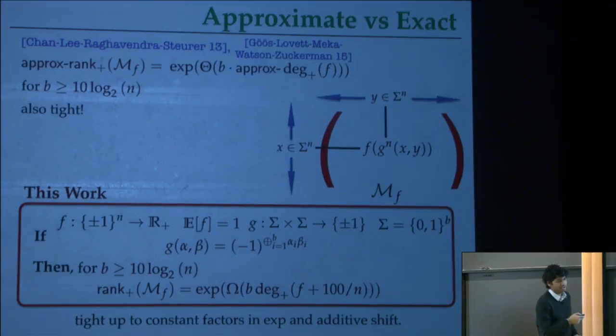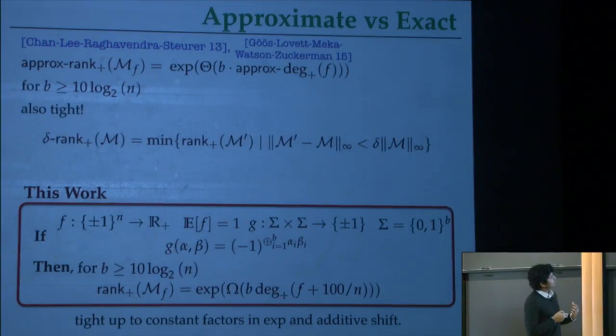And similarly for the function f, again you are allowed infinity norm perturbations and you're allowed to choose the minimum degree function. Anyway, so these papers relate the approximate non-negative rank of the pattern matrix to the approximate degree in basically the same way that we saw on the previous slide. Okay. And just like for us, their characterization is tight, up to again the same constant factors. So you could ask, well, they are also giving a tight characterization. What is failing?